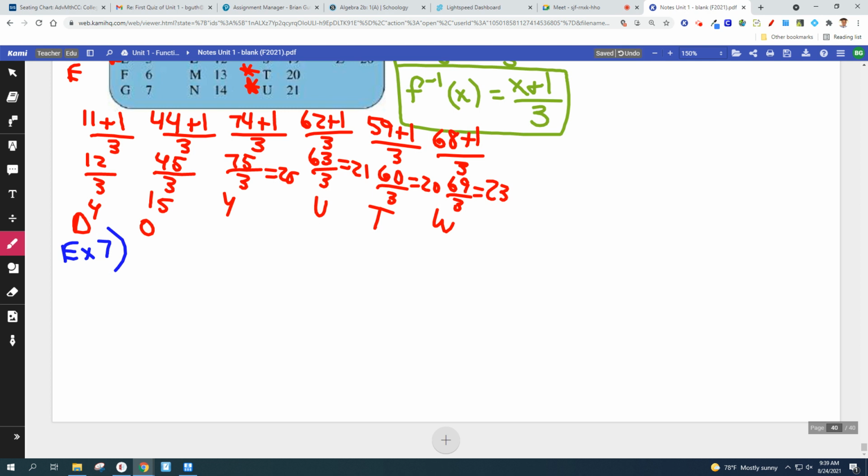And I'm going to draw a picture here. So try to draw it as big and as neatly as you can. I'm going over to 8: 1, 2, 3, 4, 5, 6, 7, 8. And I'm going up to 5: 1, 2, 3, 4, 5.